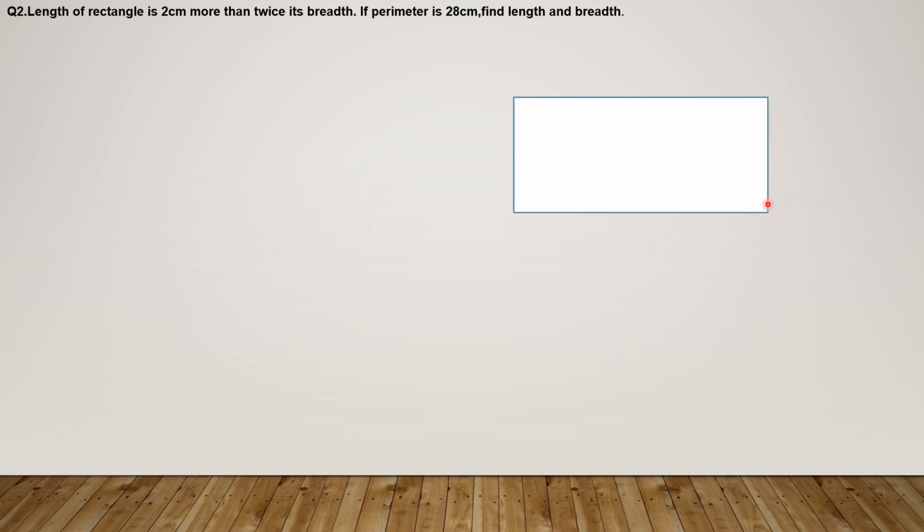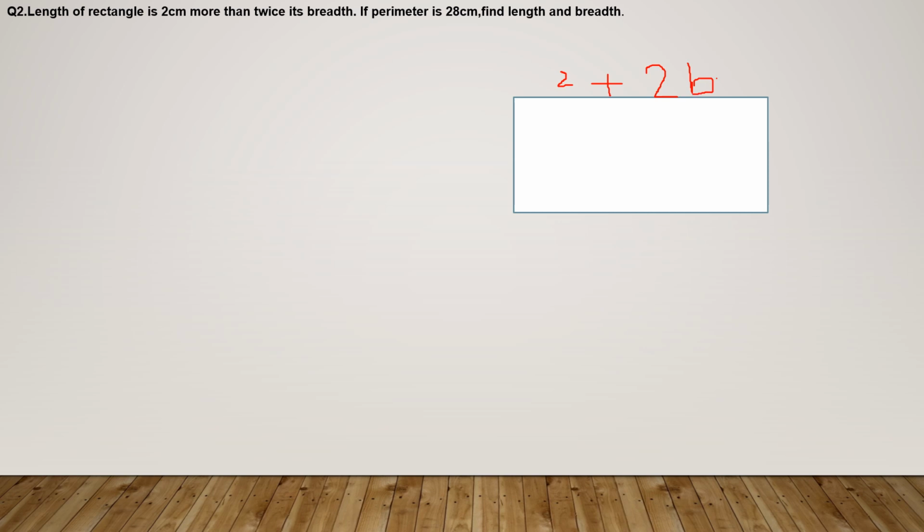Got it? Again see what are the given informations. Length of rectangle. This length is 2 centimeter more than twice of its breadth. 2 centimeter more than. For more we will use the addition sign. 2 centimeter more than twice of its breadth.